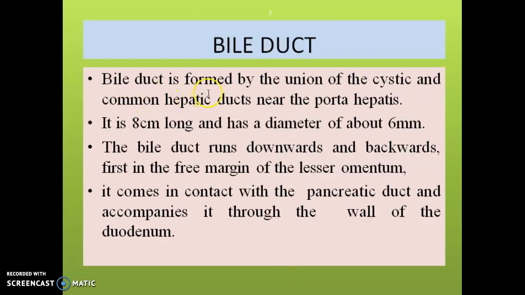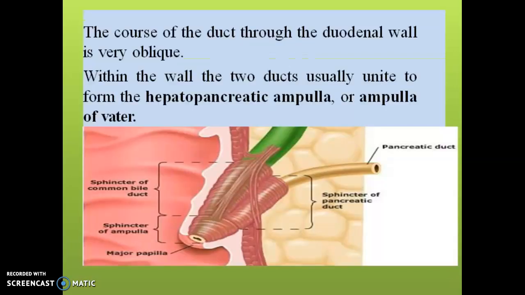Next is the bile duct, which is formed by the union of the cystic duct and common hepatic duct. It is around 8 cm long, and the bile duct runs downward and backward, first in the free margin of the lesser omentum, and it comes in contact with the pancreatic duct and accompanies it through the wall of the duodenum.